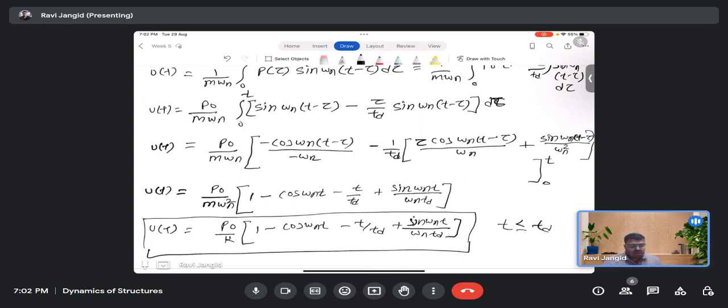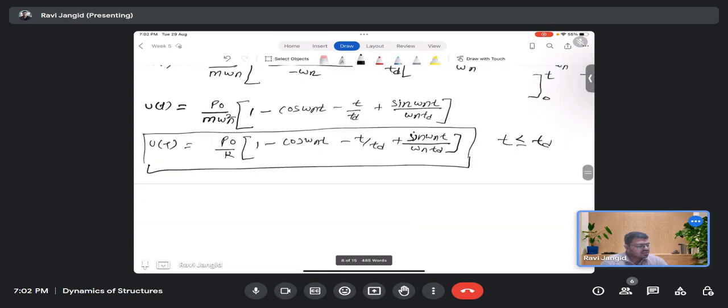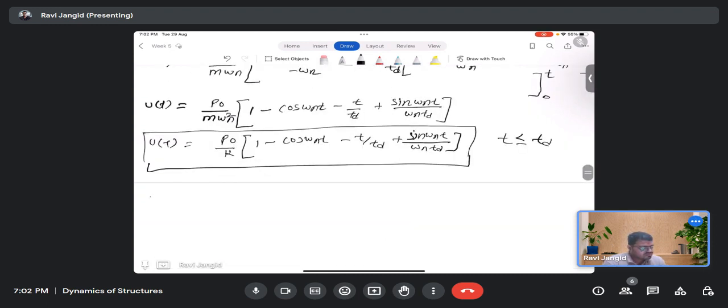Okay, now I want to find the response if t is greater than td. So for this, my P tau is 0, so only the free vibration case would be there.